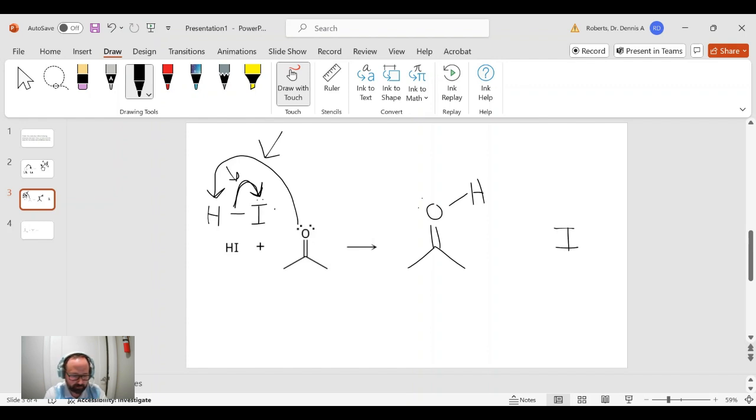Now, to begin with, iodine had 3 lone pairs. But when that bond breaks, iodine will now have 4 lone pairs. Again, oxygen gave up electrons. It's going to be positive here. Iodine accepted the electrons. It's going to be negative there. The overall charges are the same on both sides, neutral overall.